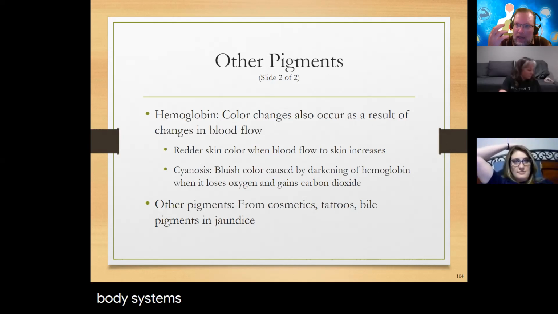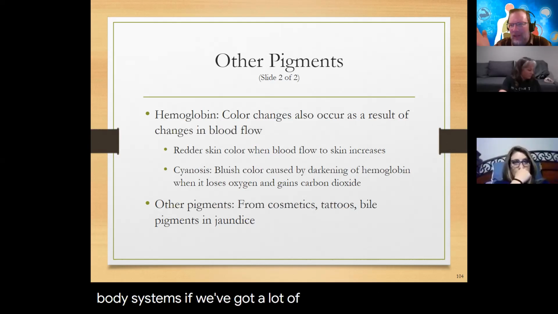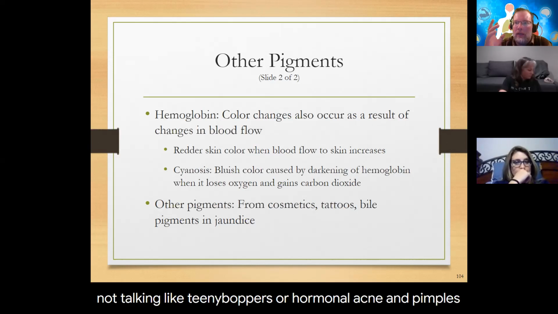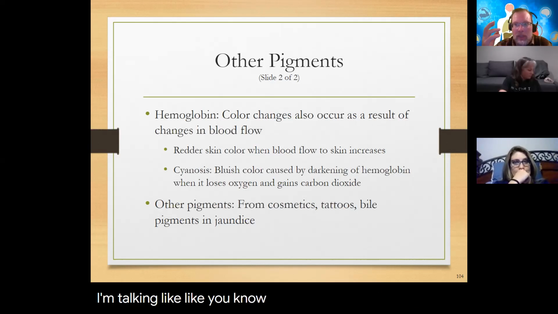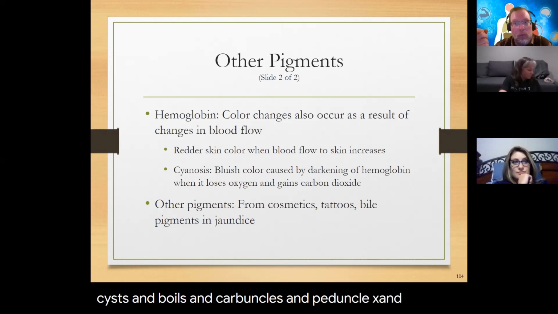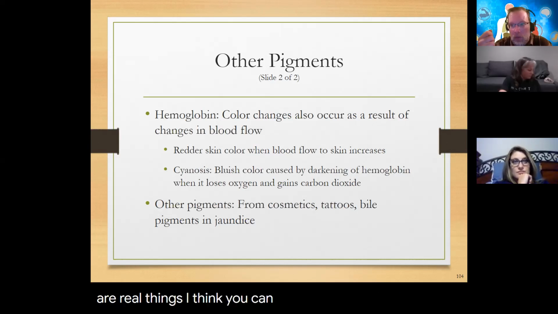If we've got a lot of acne and blemishes, and I'm not talking about teenagers or hormonal acne and pimples, I'm talking about folks who have some serious cysts and boils and carbuncles and peduncles, and those are real things. You can't make those words up.